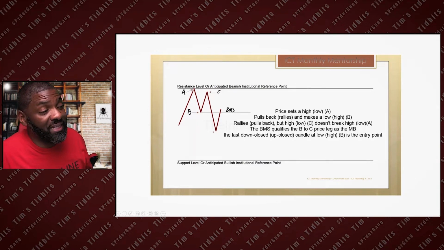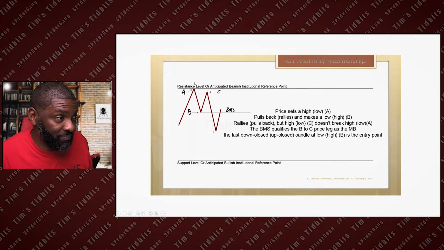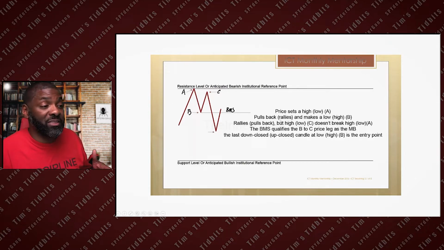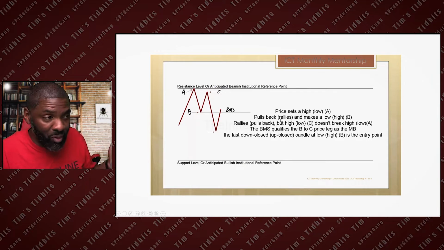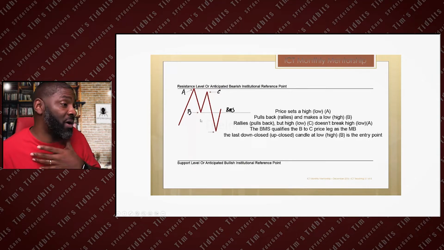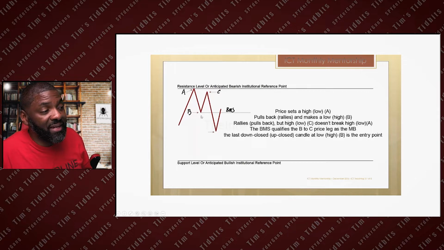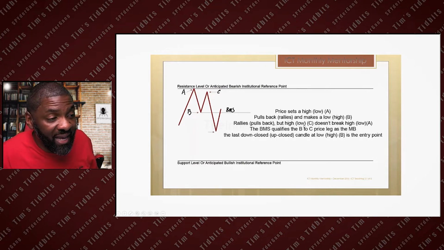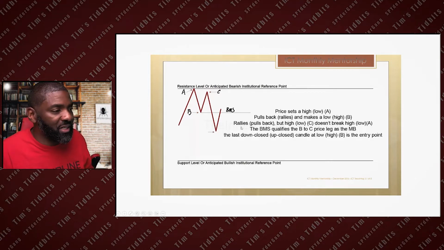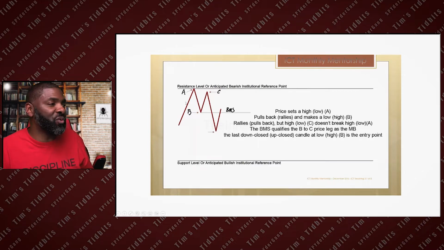Price pulls back or rallies and makes a low or high at B. So it sets a high, then pulls back and makes a low at B. Then it rallies or pulls back, but the high at C does not break the high at A. So it makes a high, comes down, makes a low.